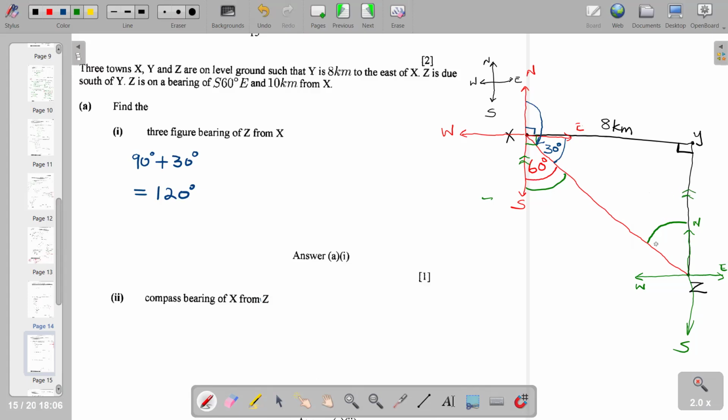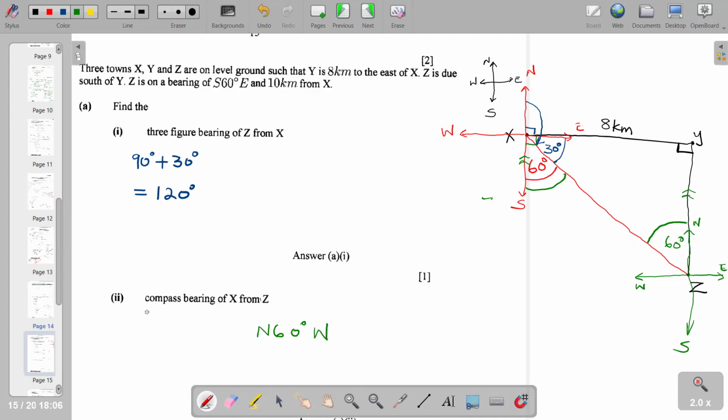So this angle and this angle, they are alternate angles. So it means here we are going to have 60 degrees. But the question wants the compass bearing. So we are measuring from the north there. If you check, it's north from the northern pole. How many degrees? 60 degrees. Going towards which direction? We are going towards the west.